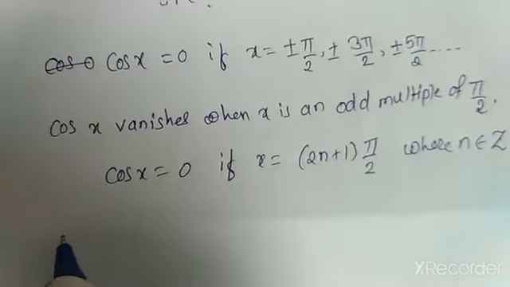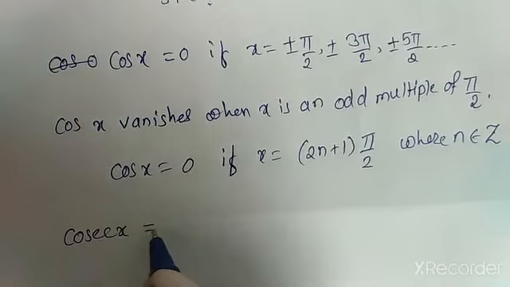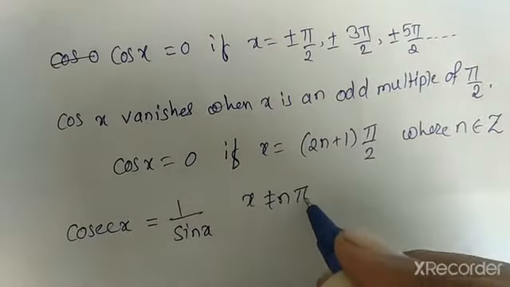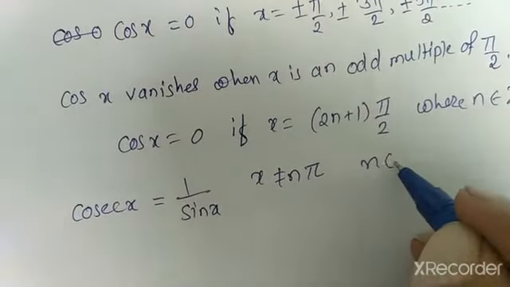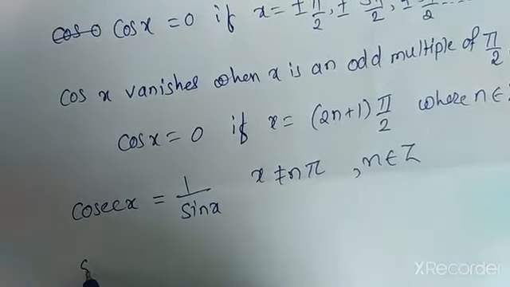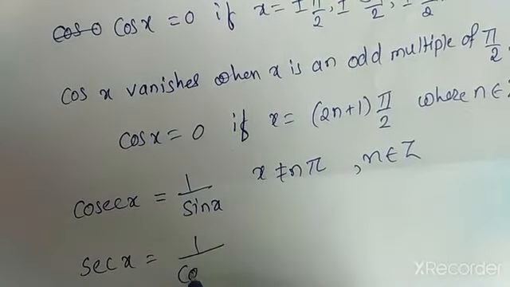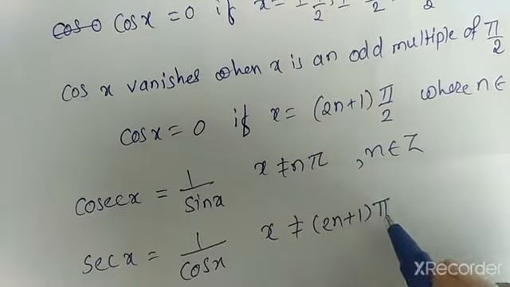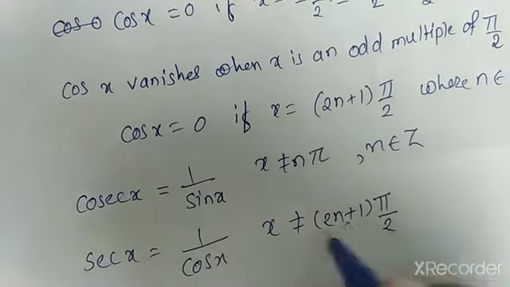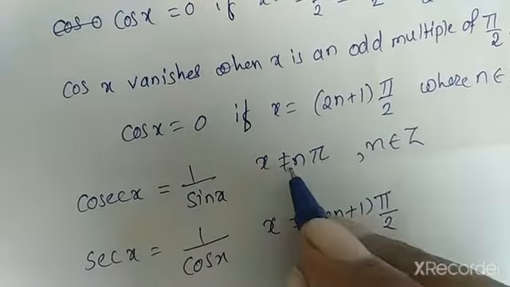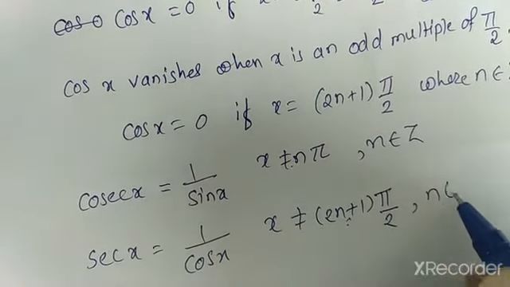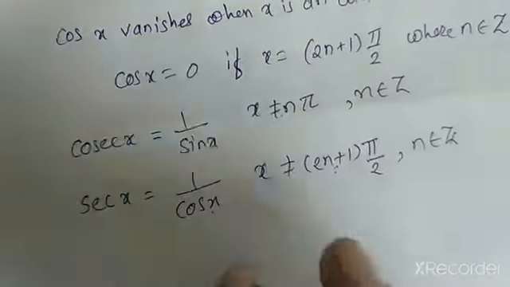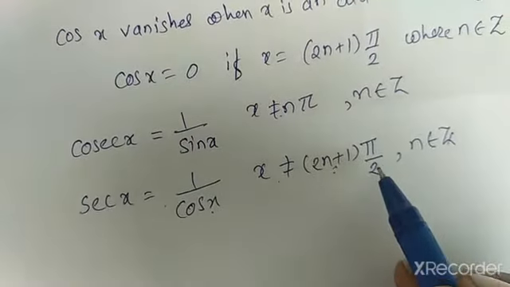That is, cosec x can be written as 1 upon sin x, where x is not equal to nπ, where n belongs to Z. Next, sec x is equal to 1 upon cos x, and x is not equal to (2n+1)π/2, because at this value cos x is 0, and sin x is 0 at x equal to nπ.